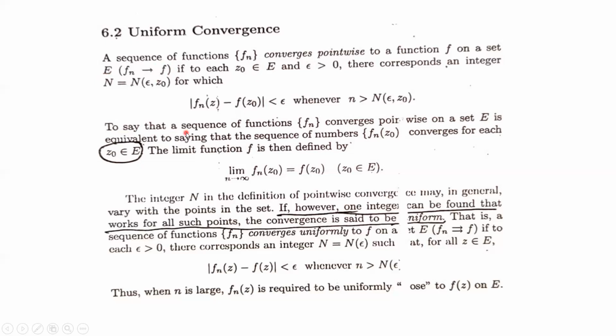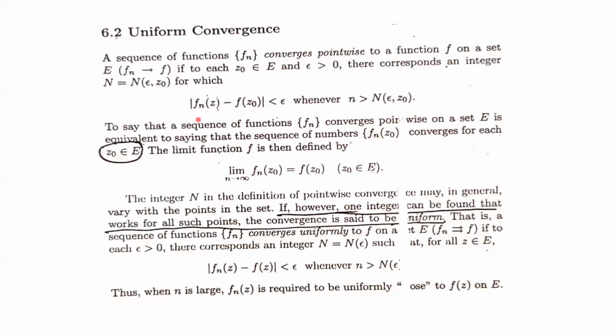To say that the sequence of functions f_n converges pointwise on a set E is equivalent to saying that the sequence of numbers f_n(z naught) converges for each z naught belonging to E. That's what I was describing.